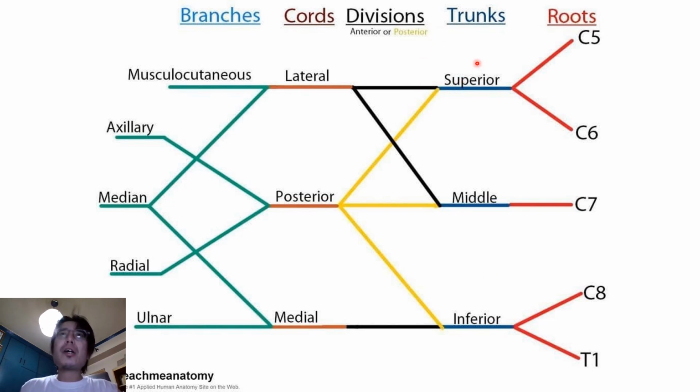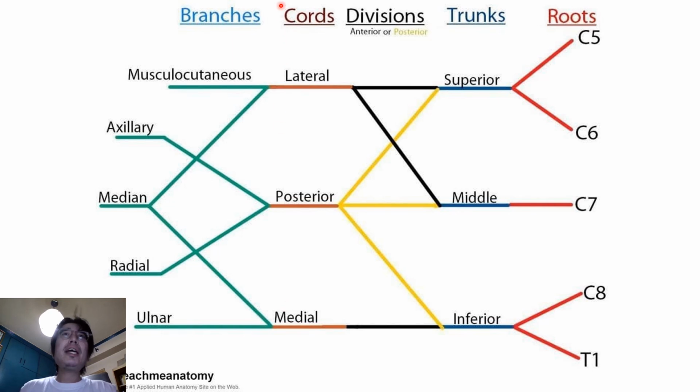And then the trunks combine with each other into divisions, which are either just anterior or posterior. The divisions continue still into three cords. The cords are lateral, posterior, and the medial cords, or LPM.